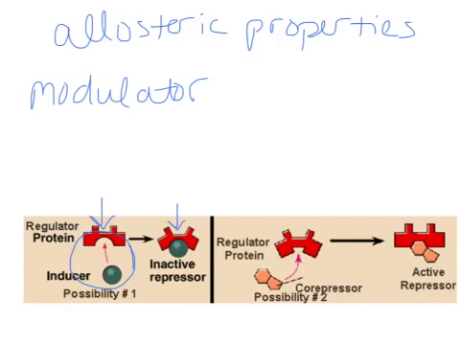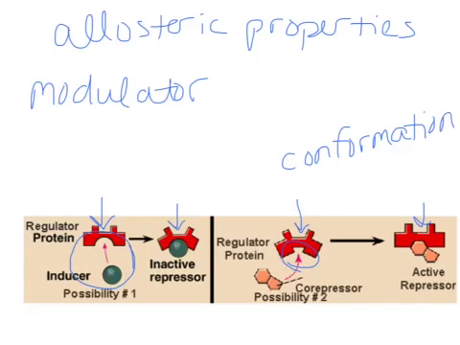In possibility number 2, my co-repressor binds to the site here. If you look at the site on the opposite side, it's going to change the conformation. Remember, that's our fancy word for basically changing the shape. It's going to change the conformation of our protein, because remember, proteins are all about their shape. It's going to change the conformation of this repressor protein, and it can either activate or deactivate the repressor.